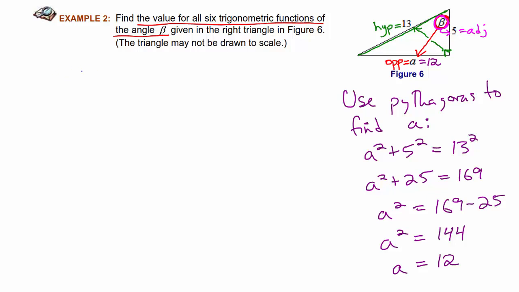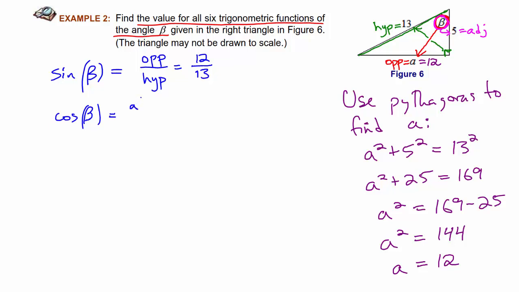So, for example, we want to find the sine of angle beta. In our right triangle trig study, we've discovered that the sine value of an angle in a right triangle is always the side opposite the angle divided by the hypotenuse of the triangle. So that will give us 12 over 13. We want to find the cosine of angle beta.